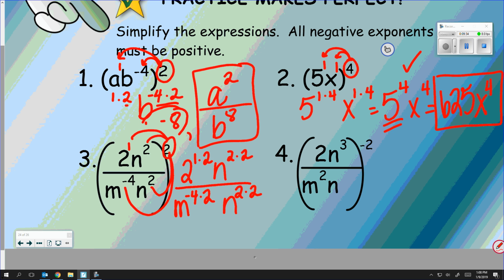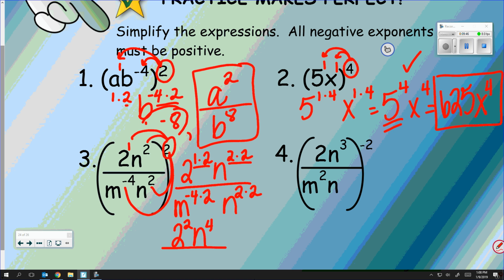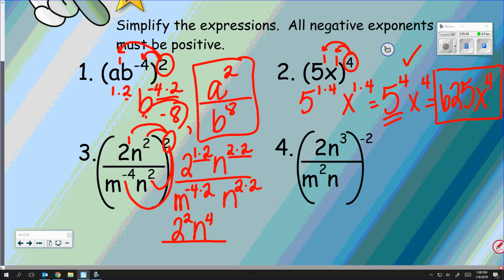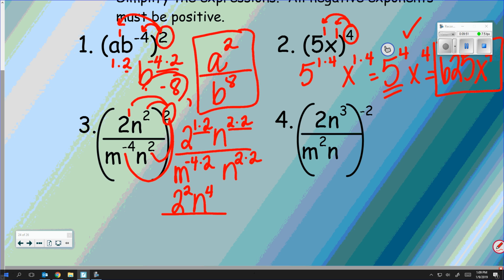So now that we have this, 1 times 2 is 2, so 2 squared. 2 times 2 is 4, so n to the 4th, divided by n to the negative 4 times 2, which is negative 8, and 2 times 2 is 4.